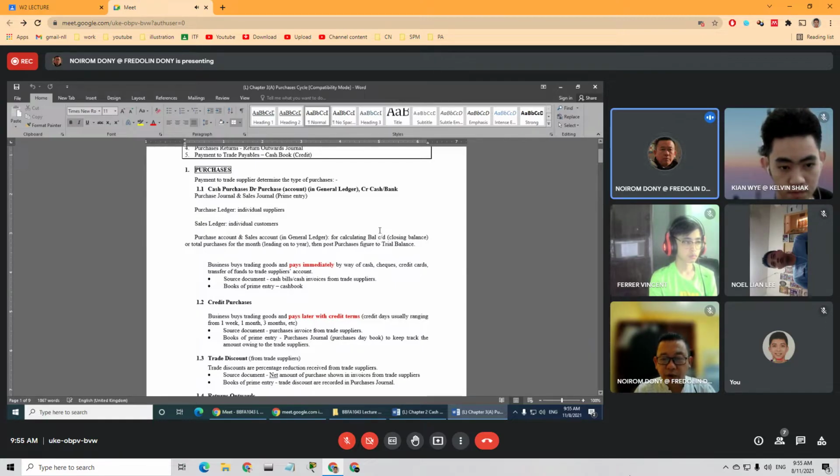C is carried, D is down. This represents the closing balance of the purchases account and the sales account. The total purchases for the month is then posted to the purchases figure in the trial balance.